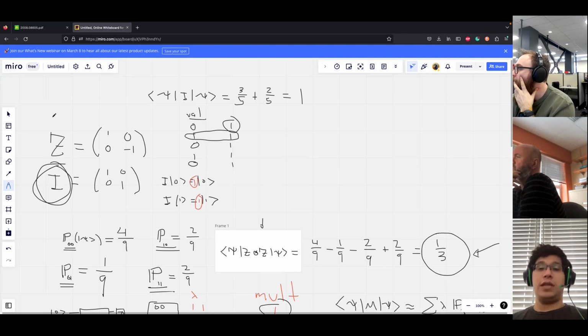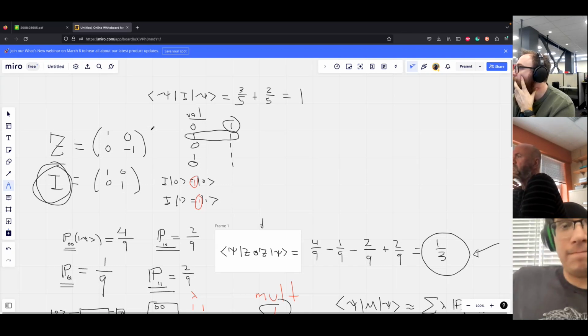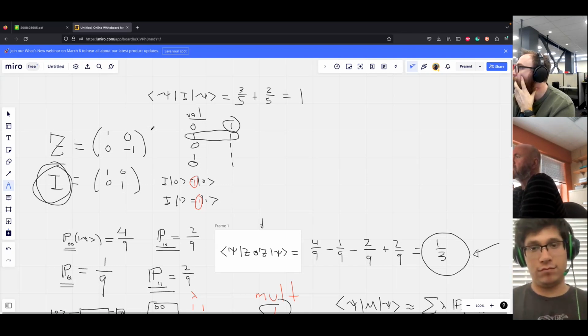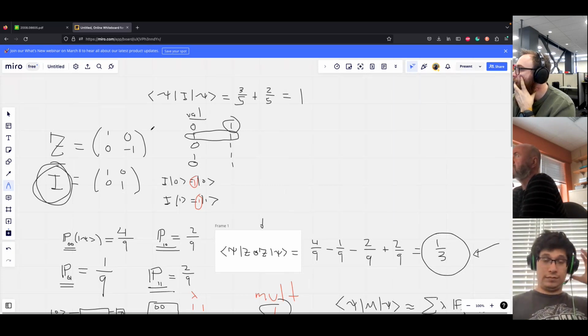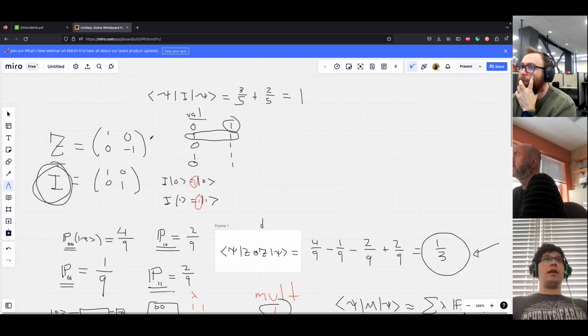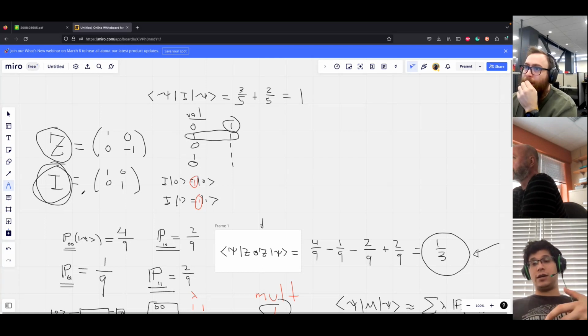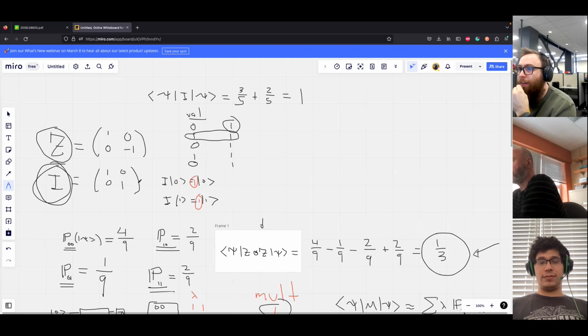So when you're saying we are measuring the expected value, this is the expected value of what exactly? It is the expected value of an operator, like the Z or the identity, on a quantum state. Okay, so this is the expected value of the Z operator that we are computing.